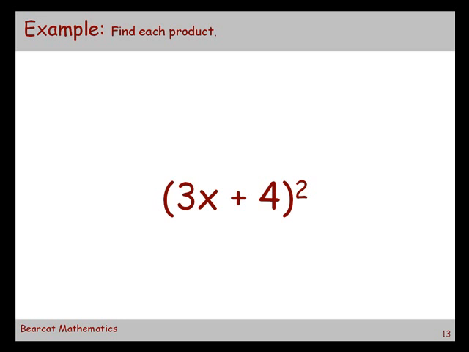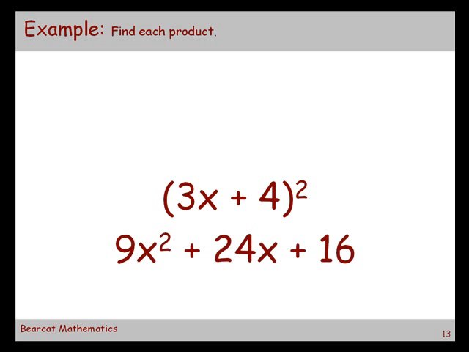Take 3x times 4, what do you get? 12x. Double that, you get 24x, and then square the 4. That's all you do. You can FOIL it out if you want to, but this is faster if you have this kind of product.